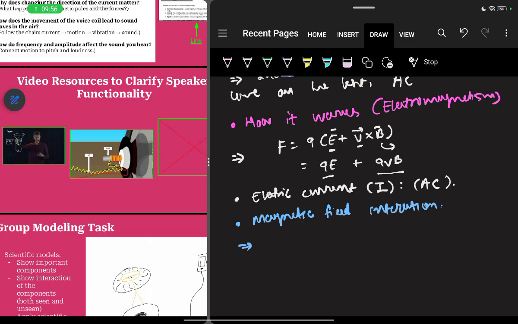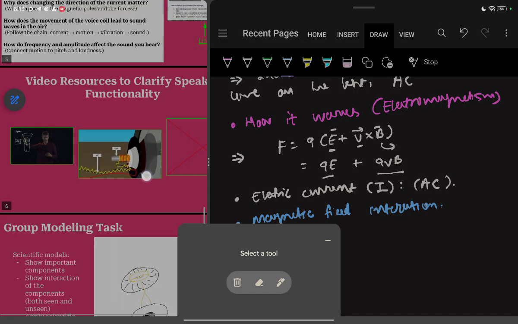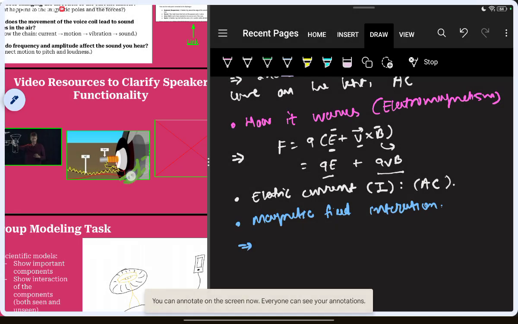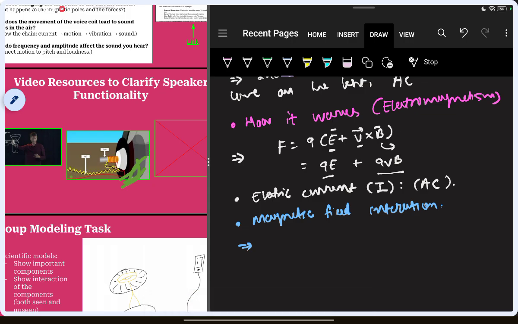As you can see here, this is our permanent magnet, right? This black one. Now here, this is our AC signal, right? So it creates a magnetic field that interacts with this permanent magnet. Are you getting my point?